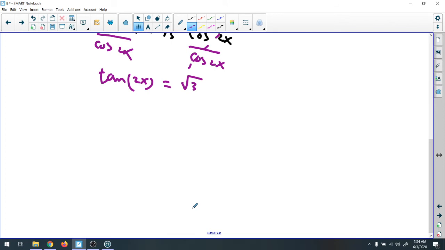Oh, it becomes better. And now we need to get rid of tangent. How to eliminate tangent? Attach arc tangent to both sides here. Then arc tangent cancels tangent, and 2x is left. So here's arc tangent of tangent 2x, and the right side will be arc tangent of square root of 3.